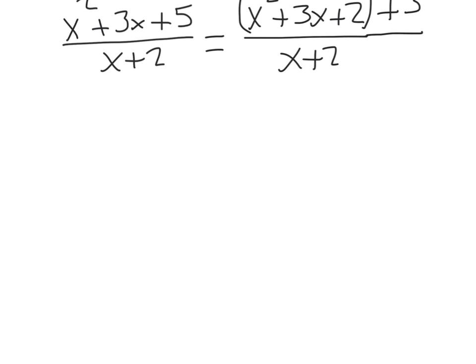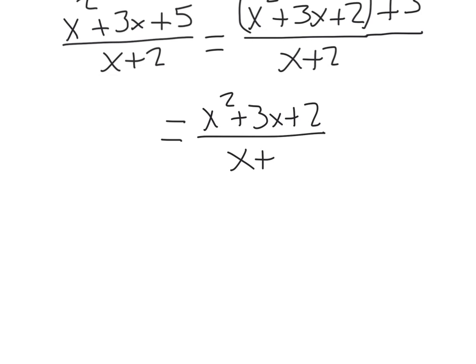With that being said, I will now set this up separately. We learned way back that I can put one piece over the bottom, and then I've got a separate piece. This is not multiplication. That also goes over the bottom. So I'm going to write it like this: take the x squared plus 3x plus 2 and put it over the x plus 2, and then add on a 3 over the x plus 2.